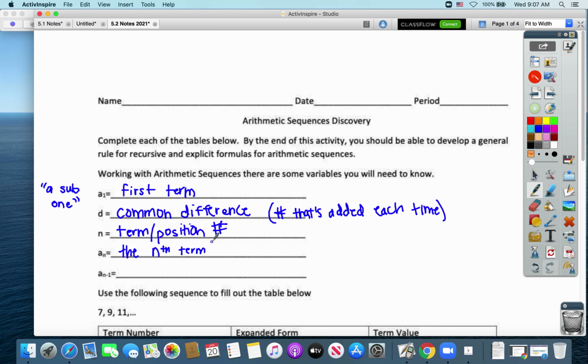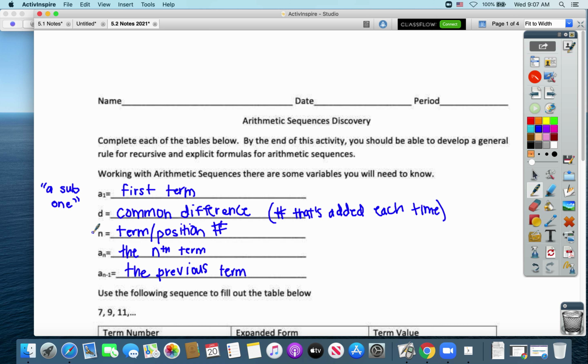So any term. And then if we have a sub n minus 1, that is talking about the term before n. So I'm going to use the phrase the previous term. And you'll see when we come up with our rules, when I see that notation a sub n minus 1, I'm going to describe that as the previous term.